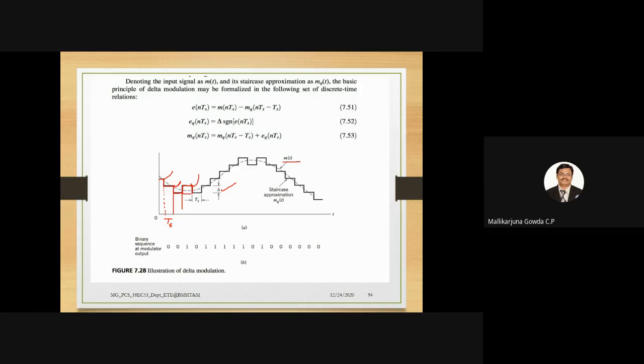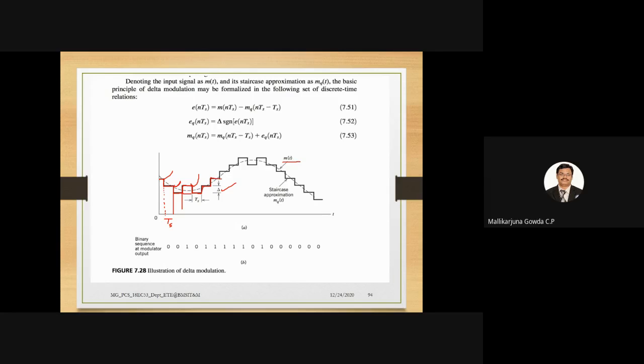Again it compares, and now the approximated signal is less than my original analog signal, hence it will be incremented by delta. Now also my approximated signal is less than the analog signal, hence it will be incremented by delta.